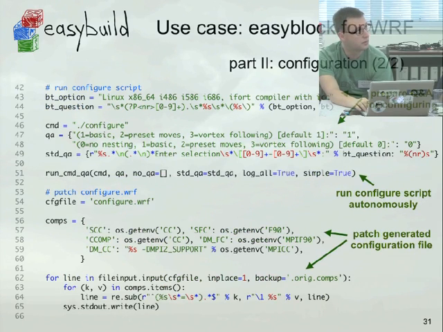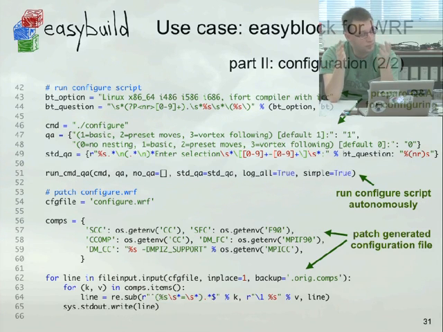And then to run the configuration script, which is done here on line 51, with the run_cmd_qa function, we need to construct the dictionary that we pass to it, which knows about questions and answers.